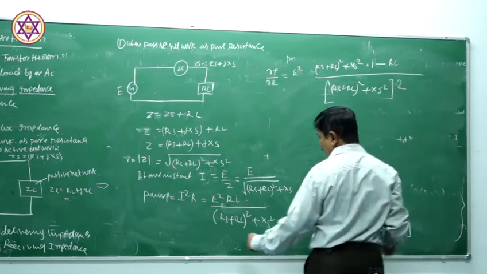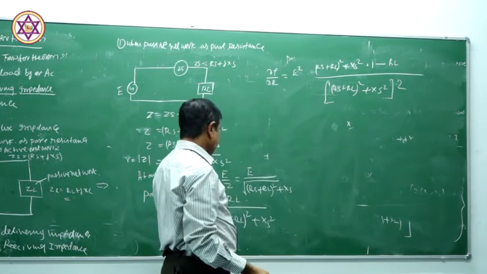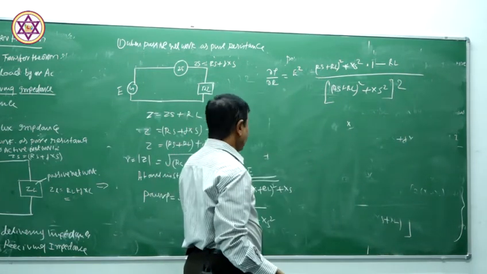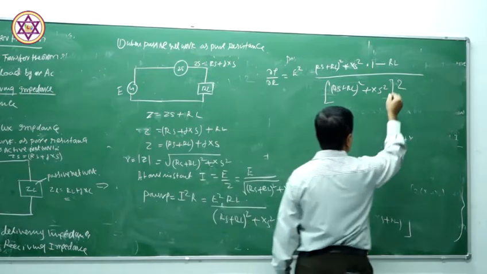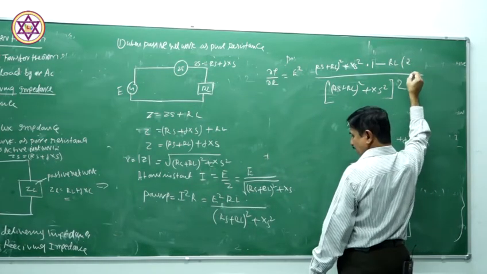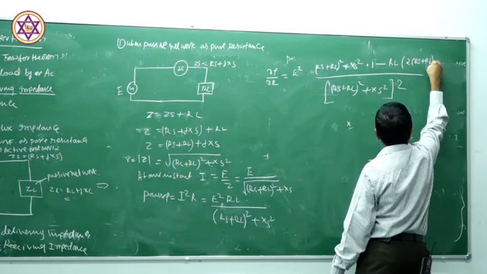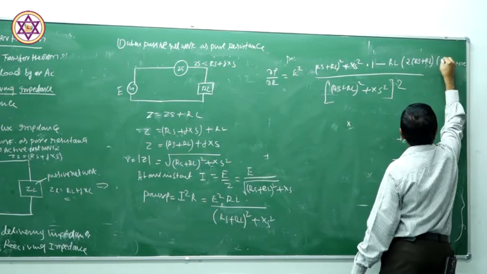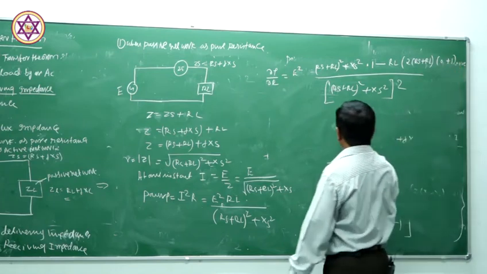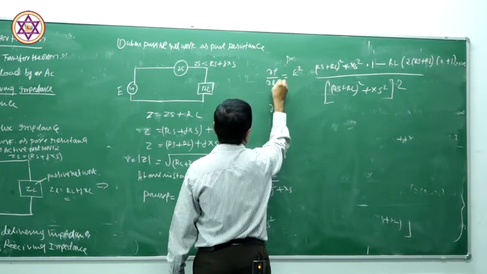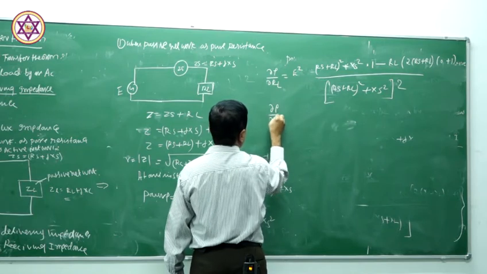Now I have to differentiate this denominator with respect to RL. When I differentiate this with respect to RL, I am going to get 2 times (RS plus RL) into 0 plus 1.